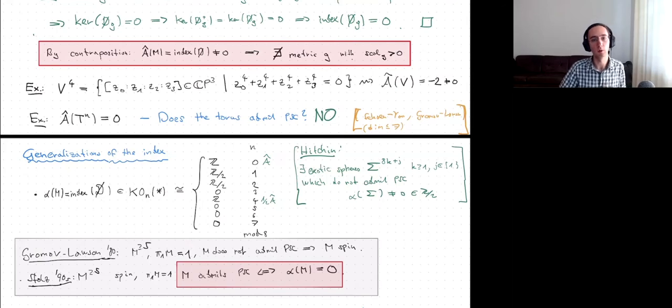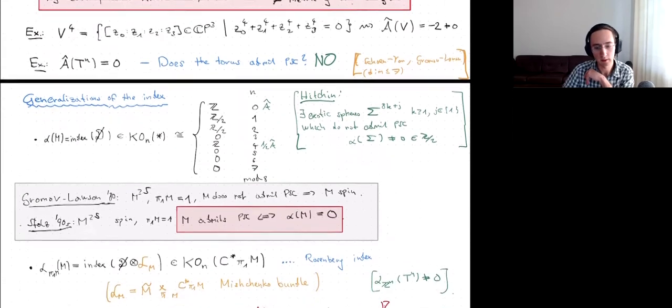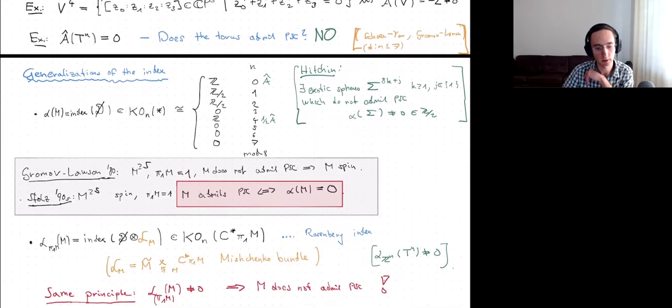But if you are willing to replace your bundles by bundles with infinite dimensional fibers, where the fibers are certain C-star algebras, then you can do this. And that leads to the so-called Rosenberg index.